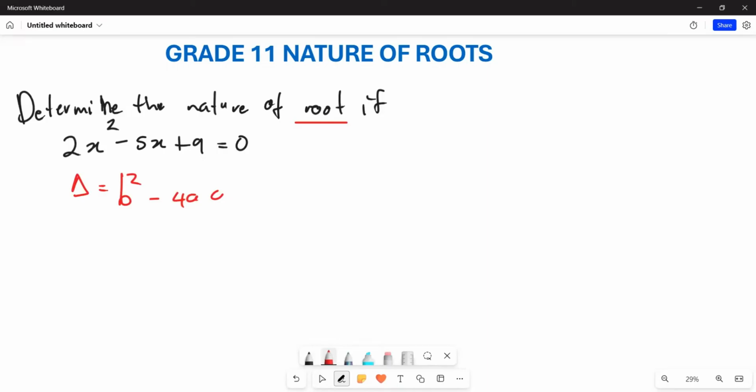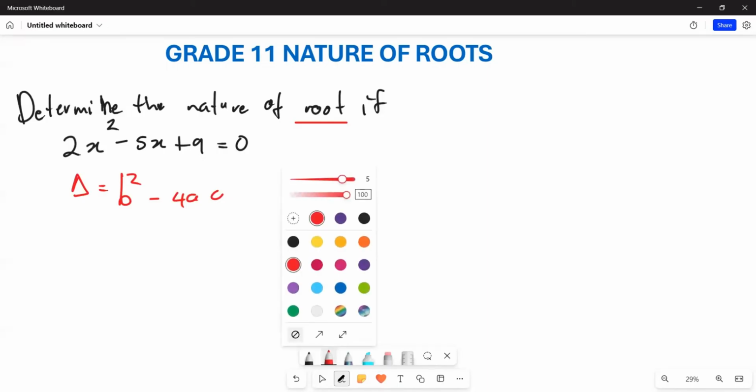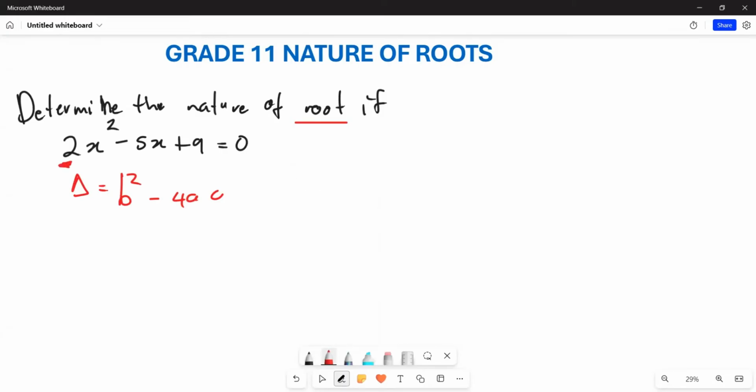Remember, under your quadratic equation, this represents your a, this represents your b, and this represents your c. So what is your delta? Your b is -5, so it is -5 squared subtract 4, and then your a is +2, and your c is 9.